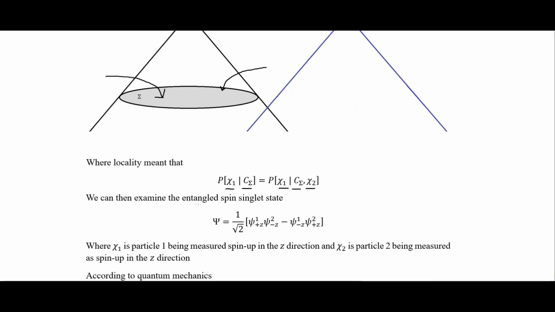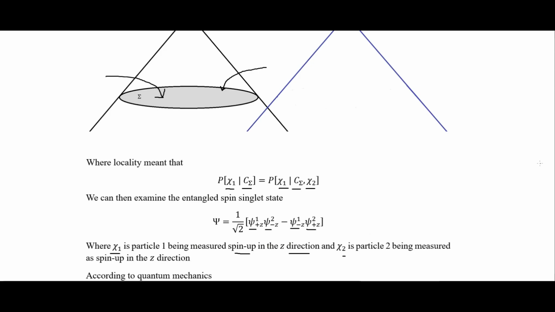And so if we have an entangled spin singlet state here, so we have particle 1 in Z up, particle 2 in Z down, or particle 1 in Z down, and particle 2 in Z up. So if we say that we measure our chi 1, so our measurement at chi 1 is particle 1 being spin up in the Z direction, then chi sub 2 is particle 2 being measured spin up in the Z direction.